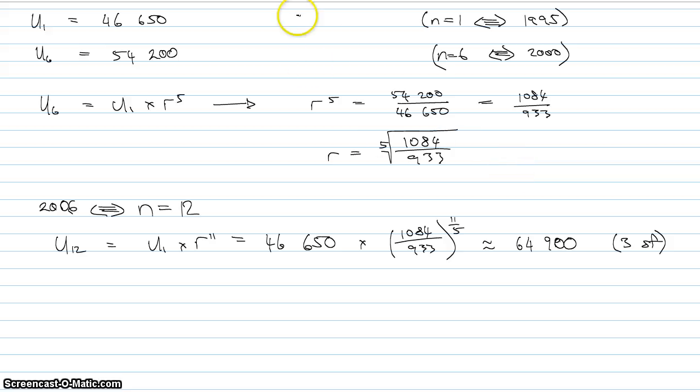Good. So, part 2, the year in which the population reaches 100,000. So, what does that mean? That means I want to find Un that is greater than or equal to 100,000.